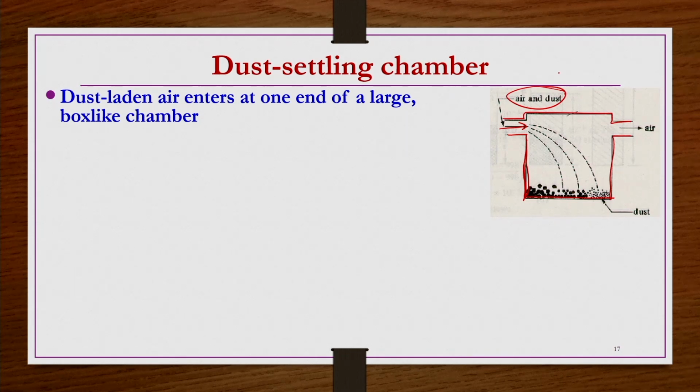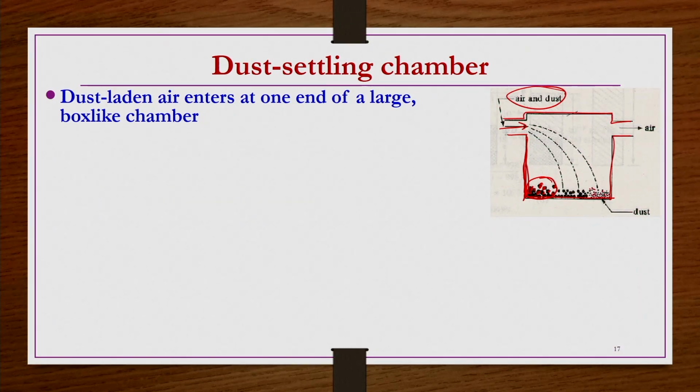So, the particles which are of bigger size and heavier density may have a higher settling velocity. So, obviously, when they enter this chamber, they will settle close to the wall of the inlet side of the chamber. Towards this side, the coarse, heavier particles will settle, because their settling velocity is very large, right. There may be some particles which are very fine and their density may be low.